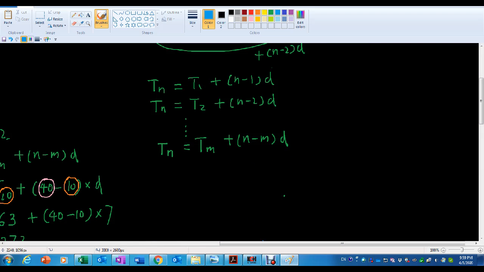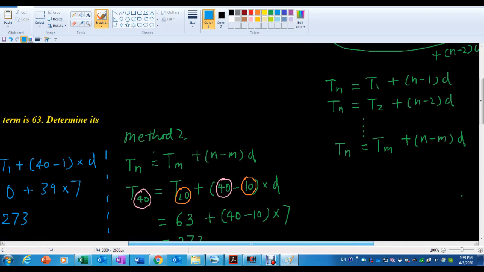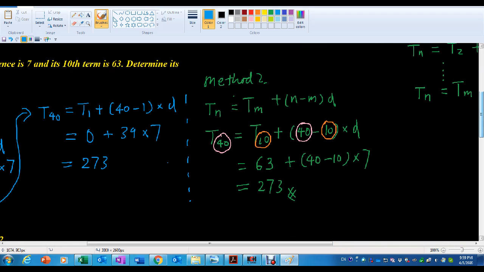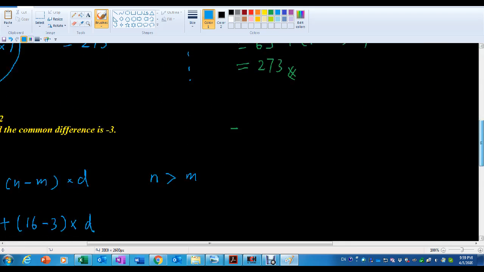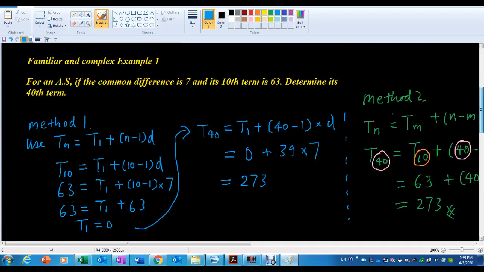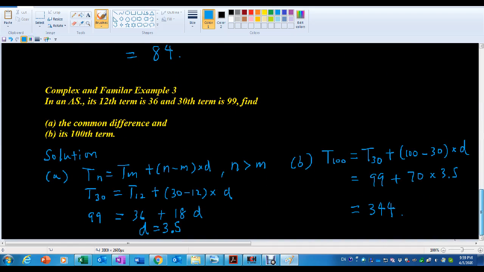Okay, and when you apply the rule, make sure you always put the term with a bigger index, which comes later in the sequence, on the left hand side. For example, T40 must be on the left hand side, T10 must be on the right hand side. Okay, and you can solve these more complex questions more easily. Alright, okay.